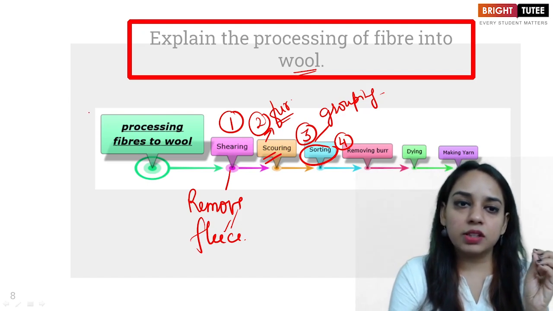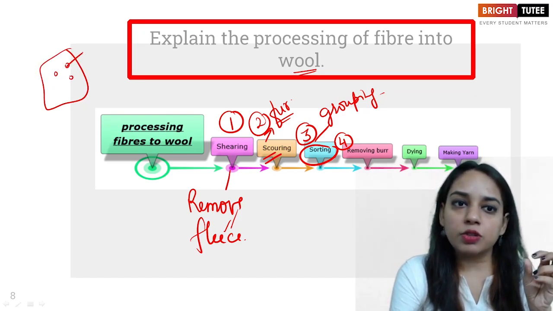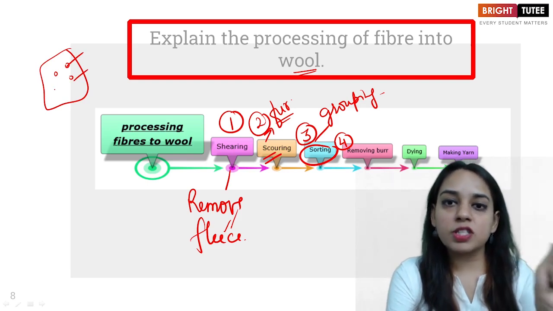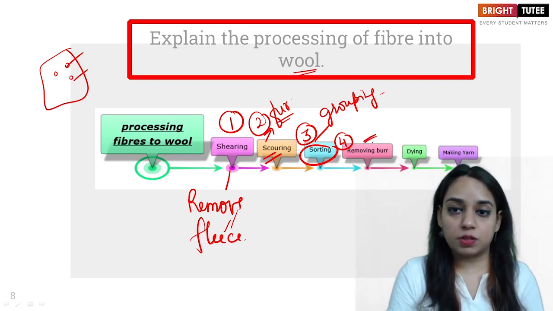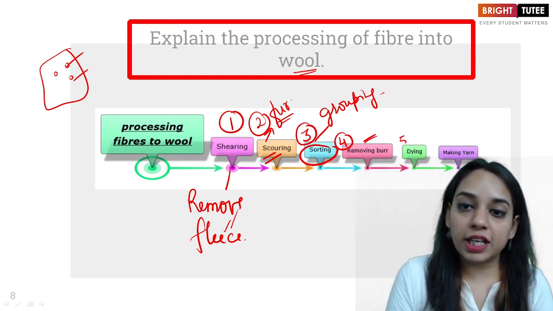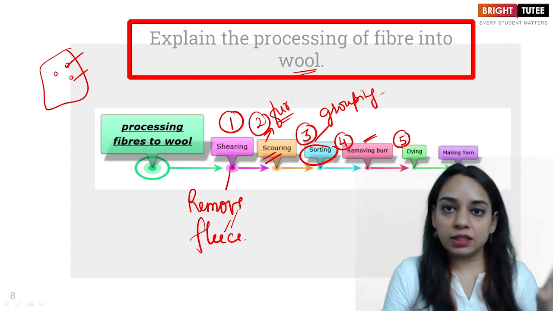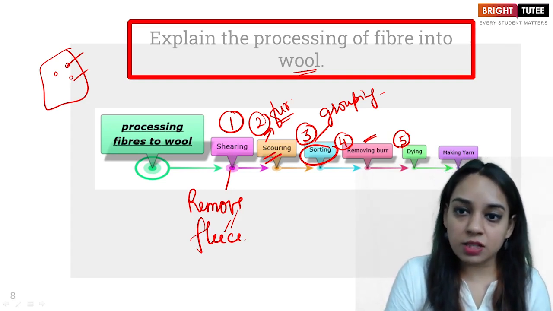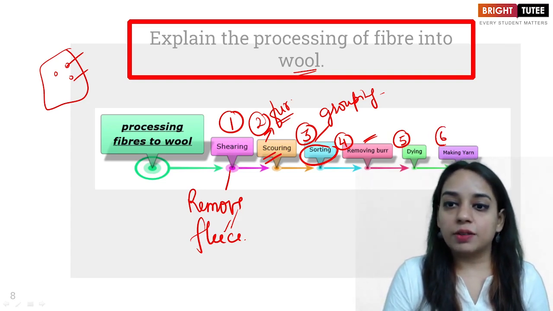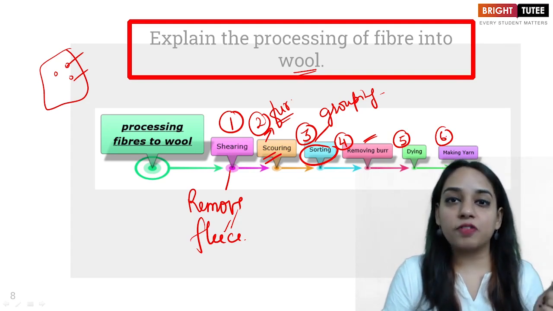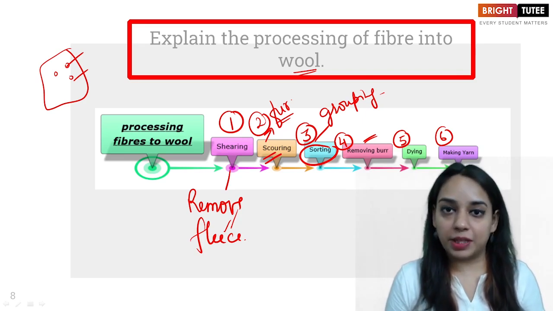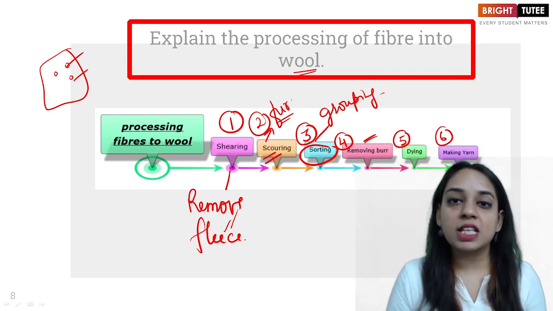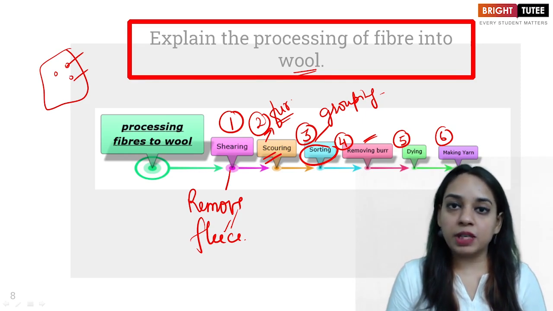Sometimes you might have observed small burrs appearing on your sweater. So in the processing of wool also, this is a fourth step where we have to remove these burrs. Okay, then the next method is dyeing, where we color the wool into our desired colors, right? Then we make yarn. Okay guys, yarn is twisting of fibers. And from yarn we obtain fabric. Okay, this is the complete process of how we obtain wool from the fiber.